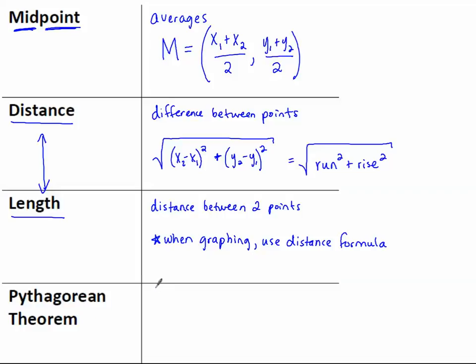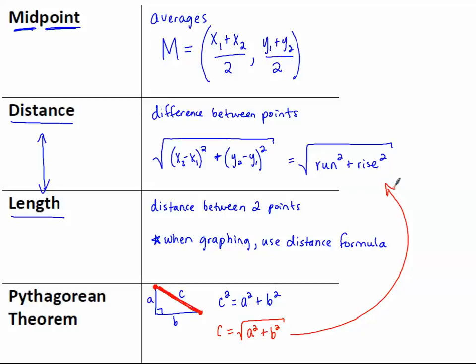Pythagorean theorem we know for right triangles, where the legs of the right triangle are A and B, and the hypotenuse is C, and it's C squared equals A squared plus B squared. Well, when we're using it in a graph to find length or distance between 2 points, the hypotenuse is usually our distance between the points, that slanted segment. Sometimes it's vertical, sometimes it's horizontal, but those can be counted. When it's slanted and we're finding that distance, we're doing the square root of the rise squared plus the run squared, just like in the distance formula. Same thing.